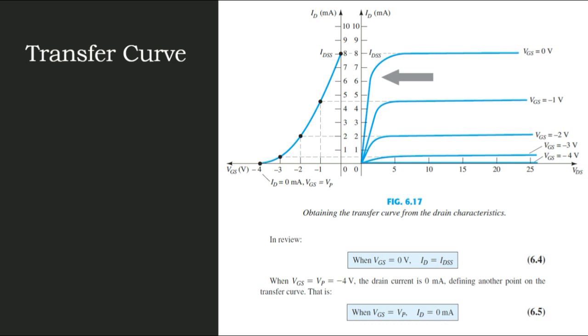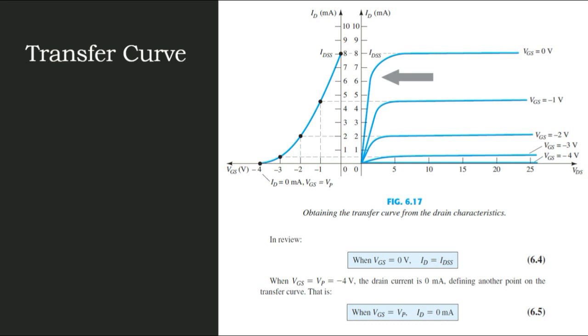The other equation which you can see on your screen is VGS equal to VP, and we have set VP equal to minus 4 volt. The drain current is 0, defining another point on the transfer curve. That is, if VGS is equal to VP and VP is equal to minus 4, then the drain current ID is equal to 0.